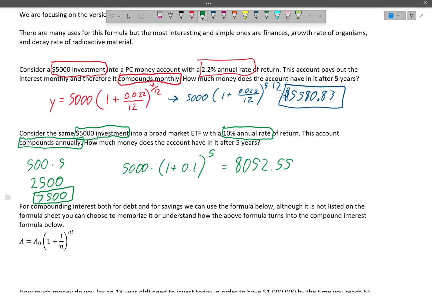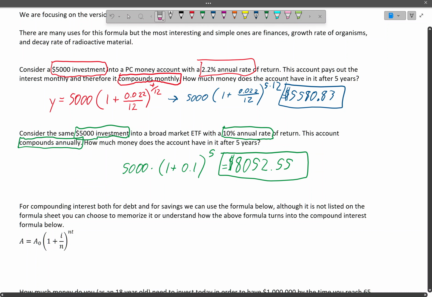But with compound interest, we are able to grow at a much, much faster rate. And this is the beauty of compound interest. So our final answer is this 8,052 answer, which is over $500 more because it's compound interest.